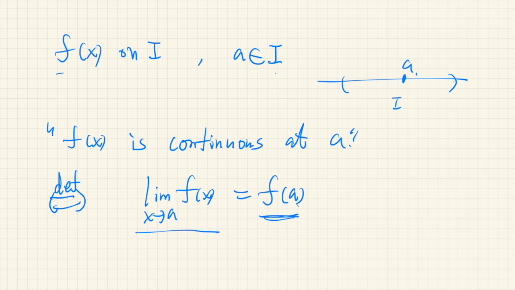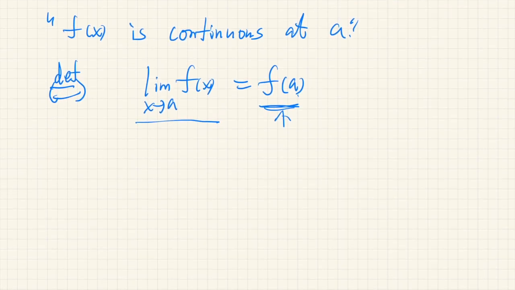And if that limit is equal to the value of the function at that point, x equal to a, then we say this function is continuous at a. And we say f(x) is a continuous function.